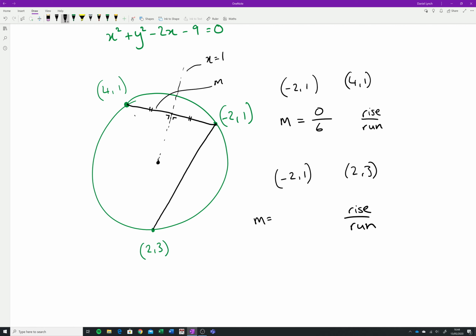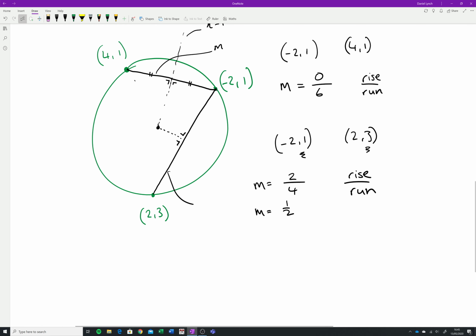How much has it risen? It's gone from a height, that's the y value, of 1 to 3, risen by 2. How much has it moved over? It went from -2 to 2, it went over 4. So that slope is equal to 1/2. But we're trying to get the slope of this perpendicular line here. So the perpendicular slope will equal -2.